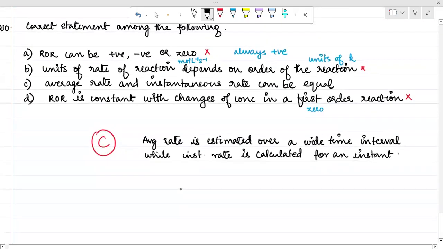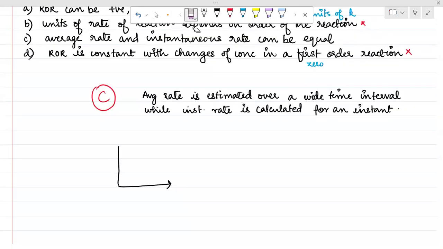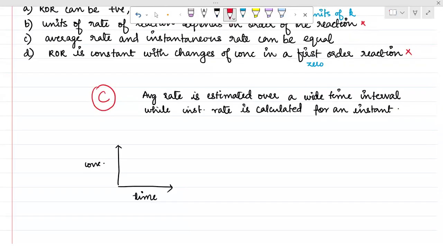For example, let's draw that pictorially. For example, let's say that I have concentration changes with time. Okay? And my plot looks something like this. It's not linear.